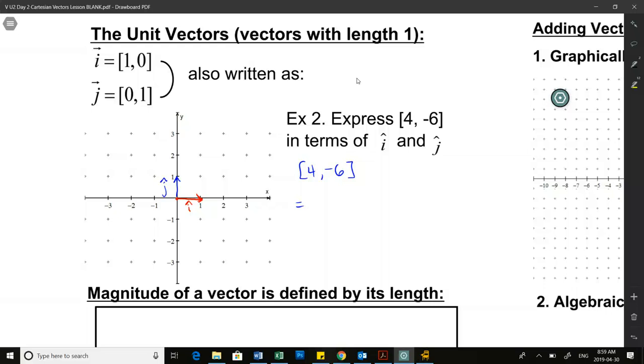So we're saying we want 4 scalar multiples of the unit vector I, so we're going 4 units in the direction of the x-axis, and then we're going down in the direction of the y. So scalar multiple of 4i, so 4 units, because I is 1 unit, and then down 6 units, because j is in the vertical direction by 1 unit.